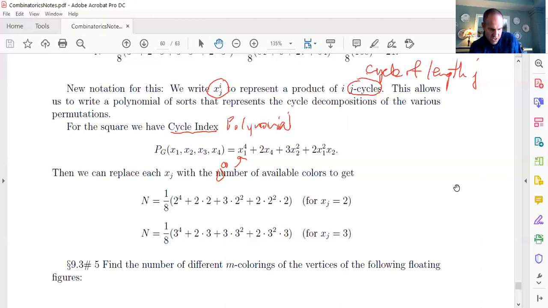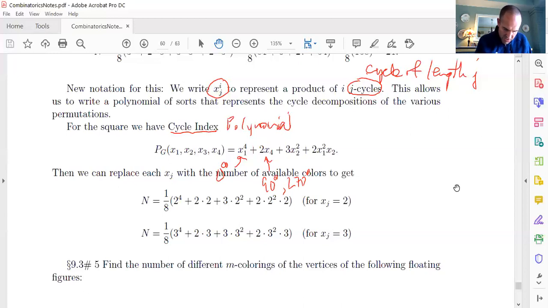Then we had the 4 cycles, the ones that were complete 4 cycles. How many of those were there? Well, there were 2 of them. There was A, B, C, D, which comes from the 90 degree rotation, and then A, D, C, B, which was the 270 degree rotation.